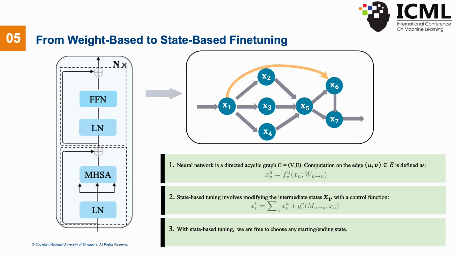Moreover, state-based tuning involves modifying some intermediate states with a control function. So the child state depends on its parent state, and we can also connect a new state to it with some new control function. Or in other words, we are free to choose any starting and ending state to tune, or even to build a new edge.